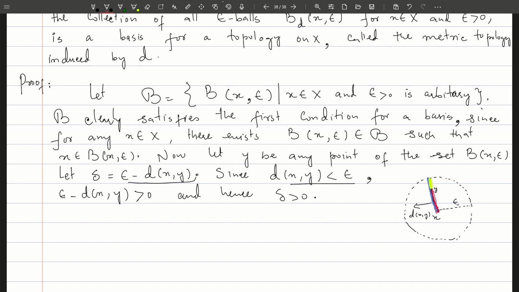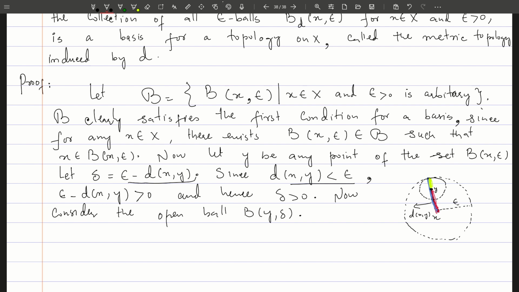Now let us pick an open ball centered at y and radius delta. So now consider the open ball B(y, delta). So we have this ball over here. This is centered at y and radius, sorry, delta.